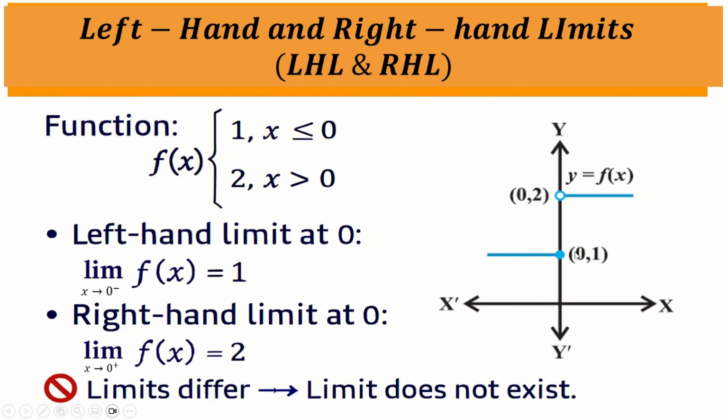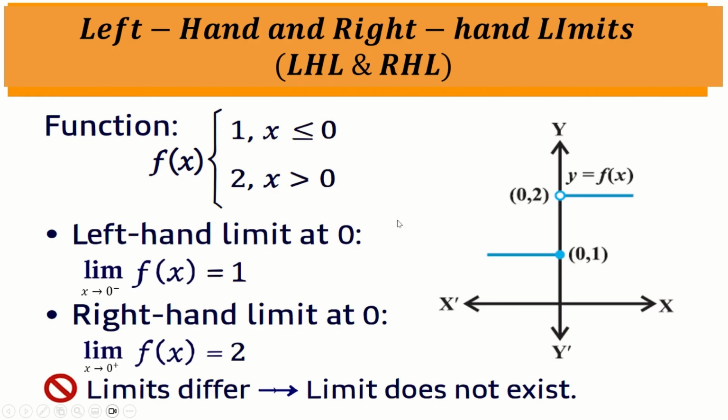And at x equal to 0 it is also defined, it is 1. So you have a dark circle here. And when x is greater than 0, it is 2. And at x equal to 0 on this line it is not defined, so this is a white circle, this is a dark circle. f of 0 is defined here as 1.